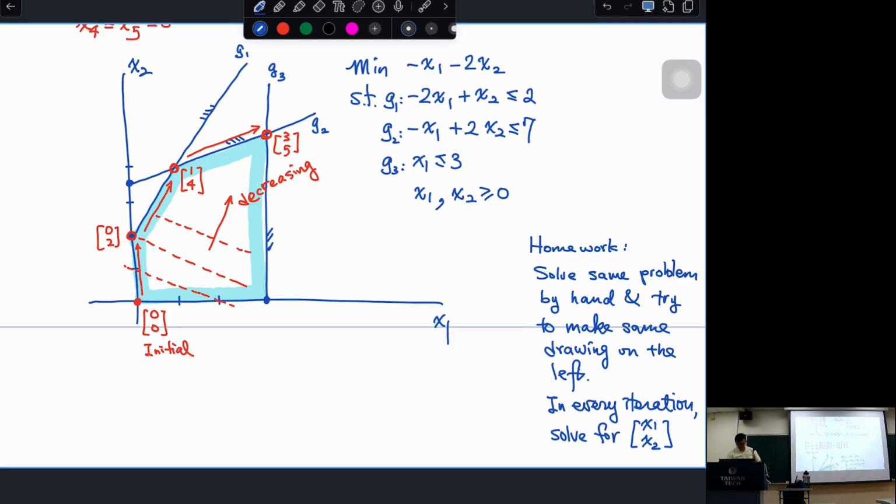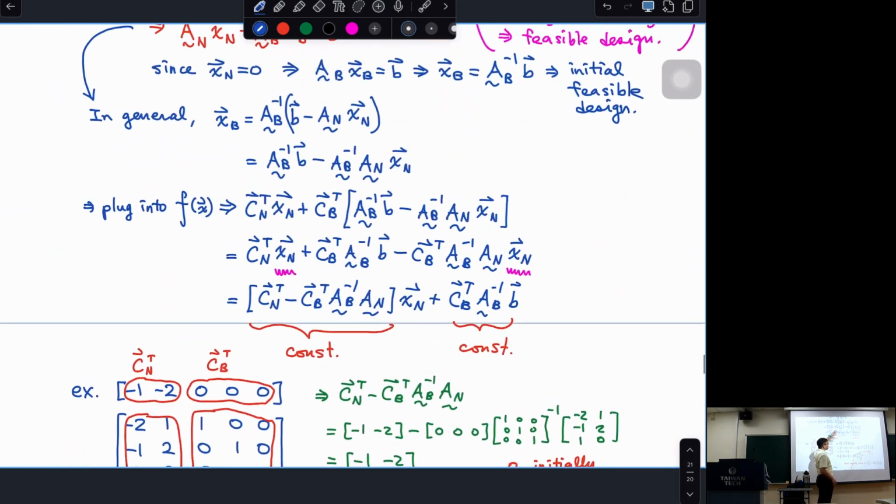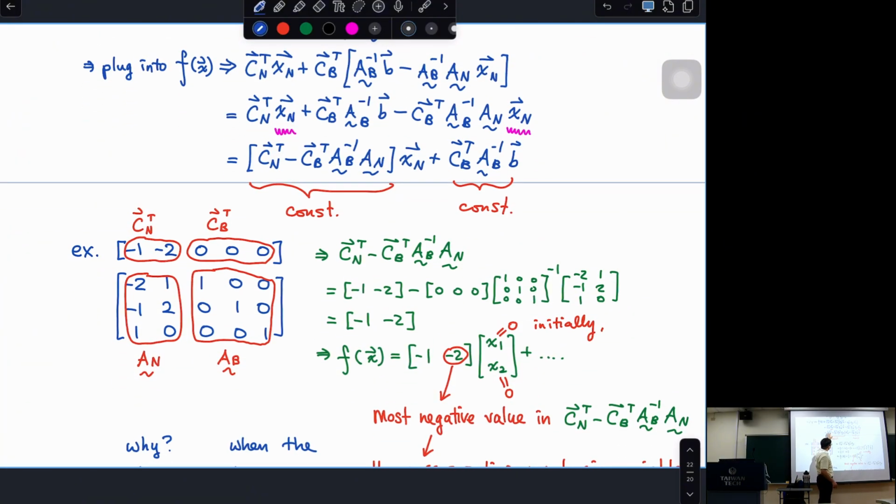So if you take a look at what happened at the very beginning, we try to derive this equation. We just rewrite the objective function and it ends up with some coefficient times the non-basic plus some coefficient. So the coefficient right here actually represents some information about the slope. Okay, so right here we said we have to pick up the most negative one so that when this increases, this will drop faster.